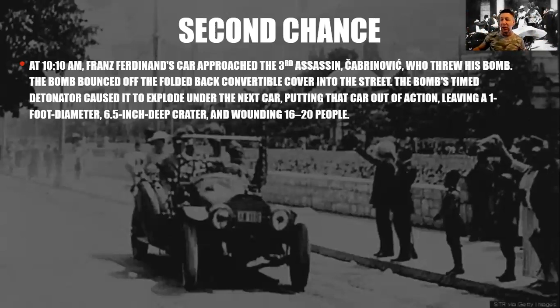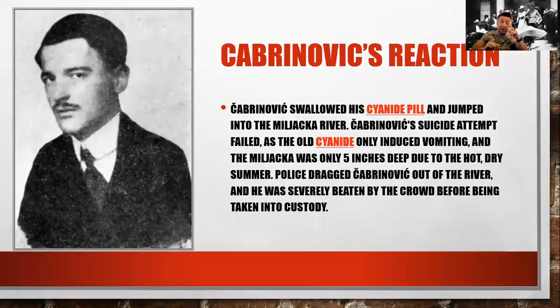But that doesn't happen because Kabrinovich, realizing that he did not kill the Archduke, takes off running. He swallows his cyanide pill and he jumps into the river. He figured he would slowly die by poisoning, but just in case, jumping into a river and drowning would pretty much seal the deal.